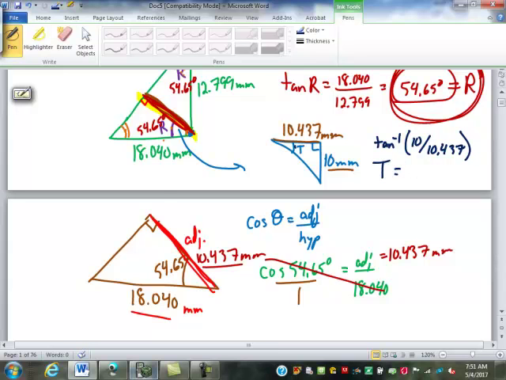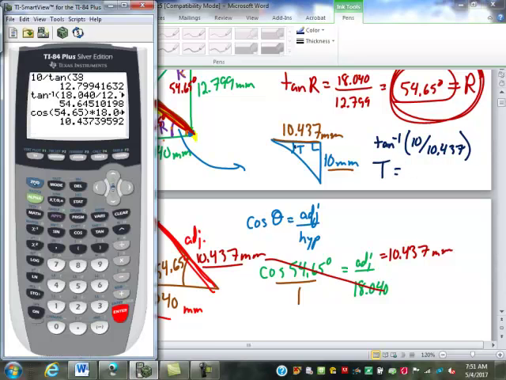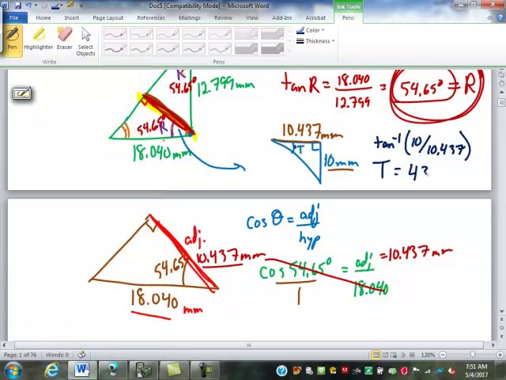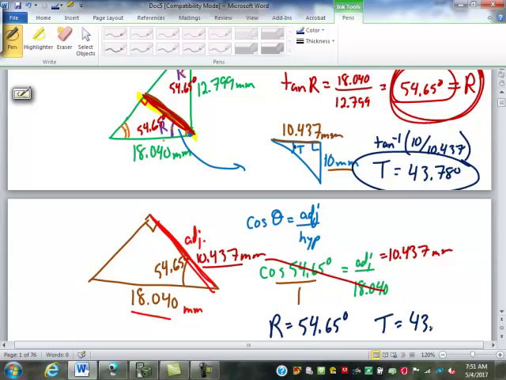So my angle of tilt, second tangent, 10 divided by 10.437. 43.78 degrees. So my rotation, I found to be 54.65 degrees. My tilt, 43.78 degrees.